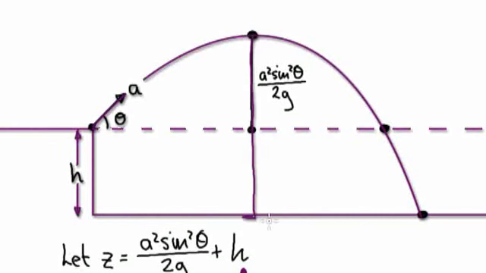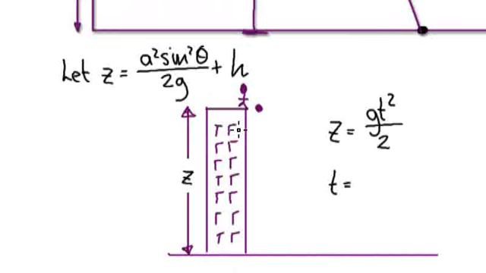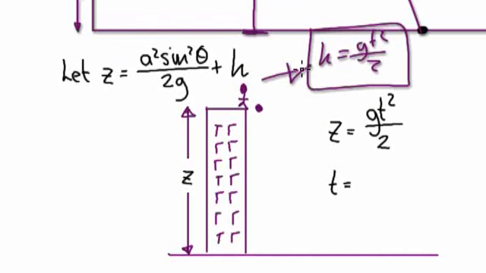Now we've got this whole height here, which is now z. Imagine you standing on top of a building here. You standing on top of the building, the height is z. So use that h equals gt squared over 2 formula. This should be ingrained inside your mind by now.